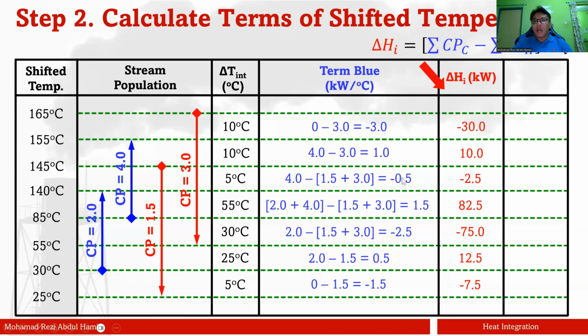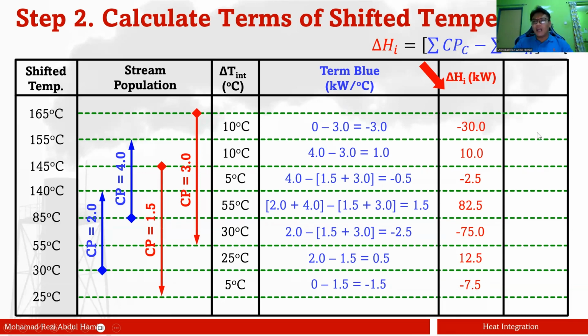Minus 0.5 multiplied by 5 is minus 2.5. 1.5 multiplied by 55 is 82.5. Negative 2.5 multiplied by 30 is minus 75. 0.5 multiplied by 25 is 12.5. And the last one is negative 1.5 multiplied by 5, which is negative 7.5.